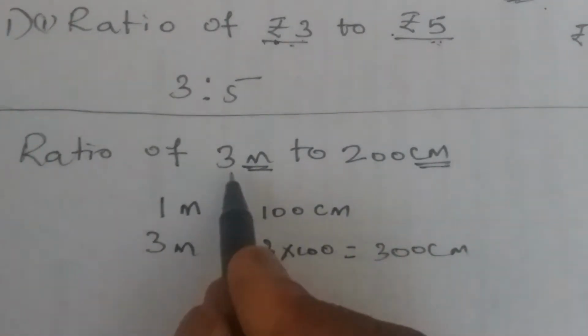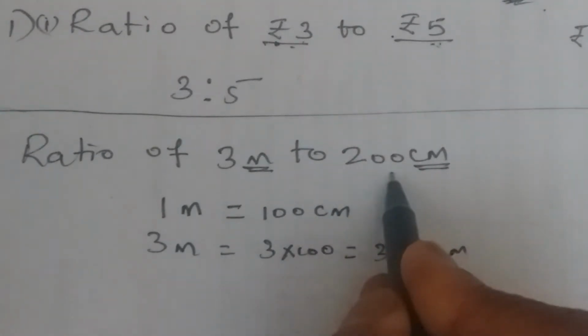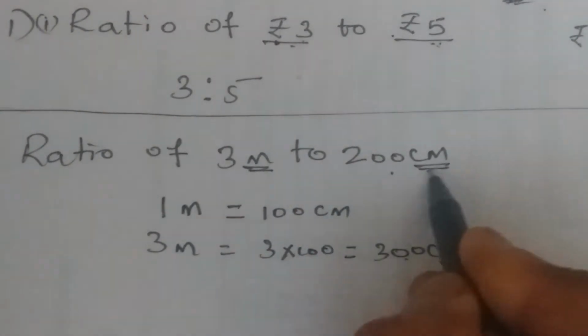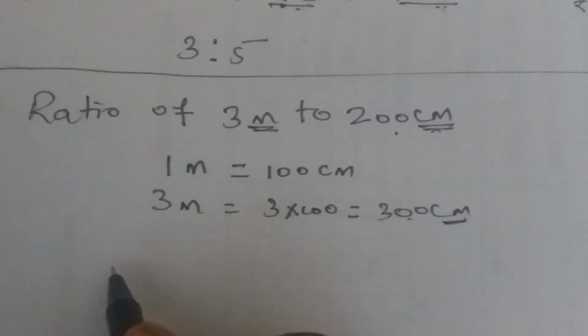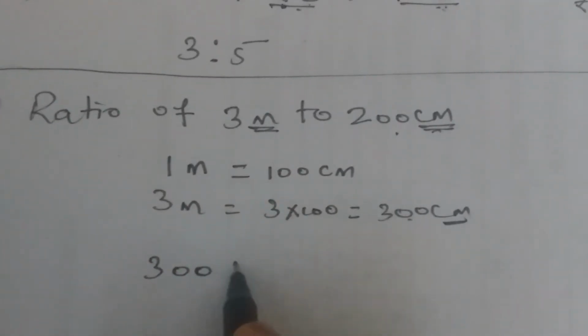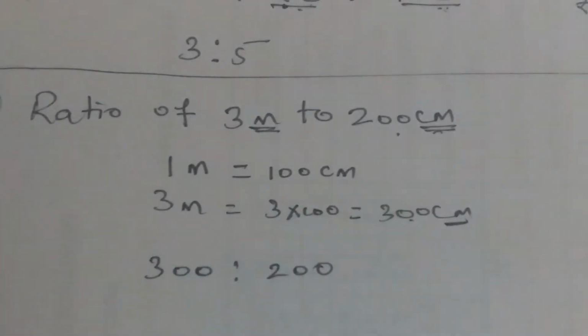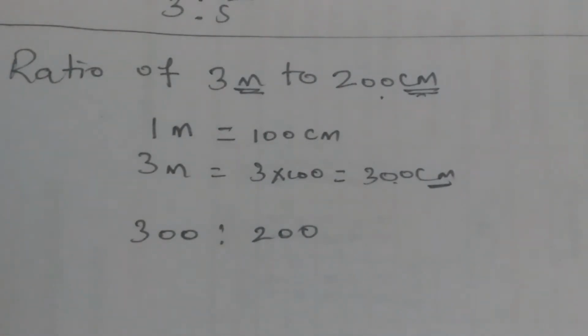Now we have to find the ratio of 300 centimeters to 200 centimeters. Okay, both are in centimeters, units are the same. So we can just write the ratio. It is 300 centimeters to 200 centimeters. Now we can write it in simplest form because it is nothing but 300 by 200. What is the operation involved in ratio? It is division. A ratio can be written as a fraction, 300 by 200.